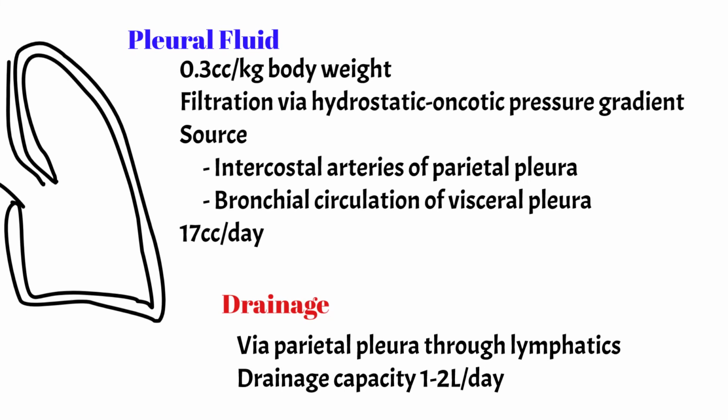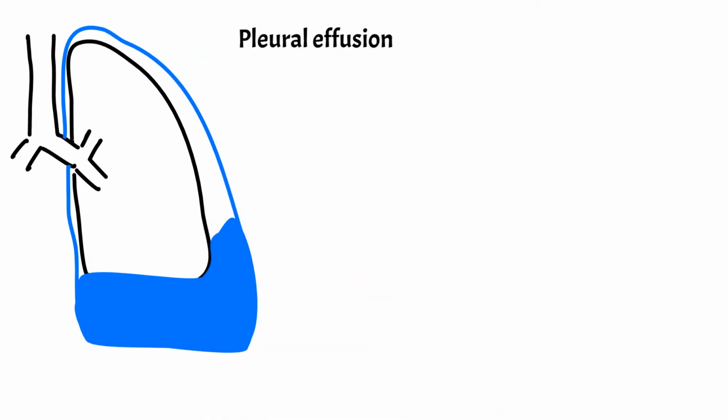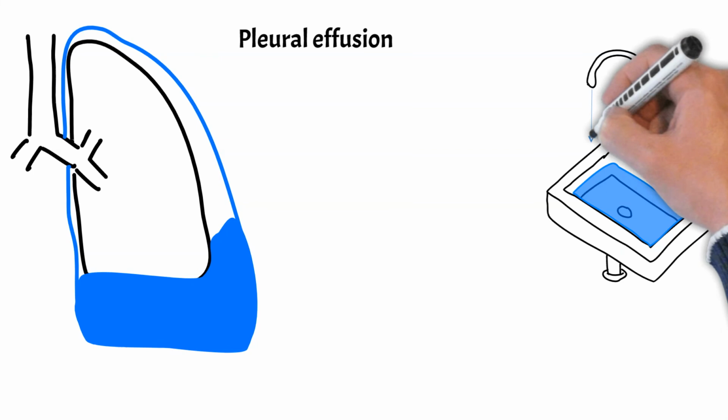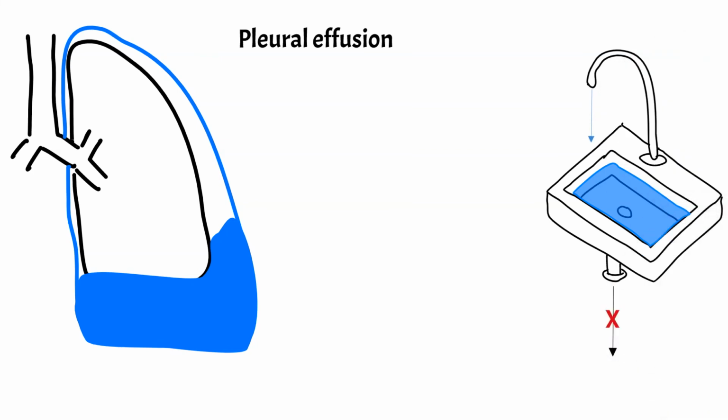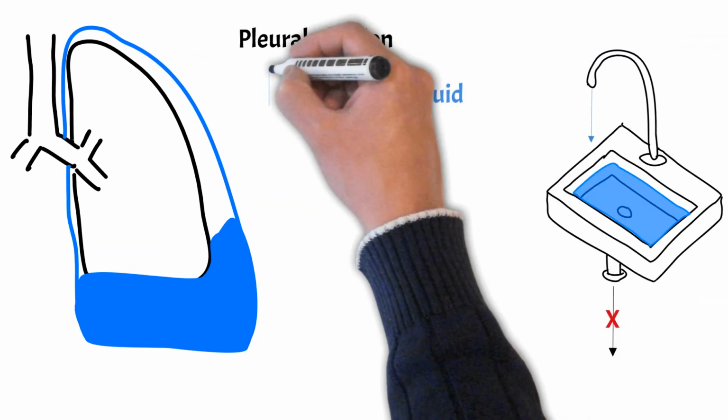Pleural fluid can accumulate in the pleural space when the amount of fluid produced is much higher than the amount of pleural fluid being drained. This is akin to a sink where the amount of fluid poured into the sink is much higher than the amount of fluid drained from the sink. The production of fluid can increase from several causes.